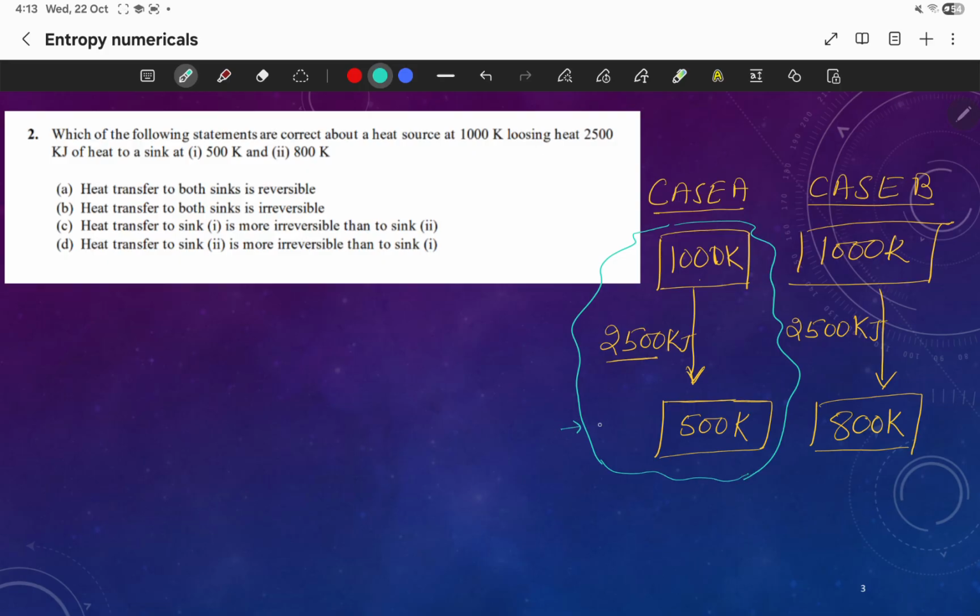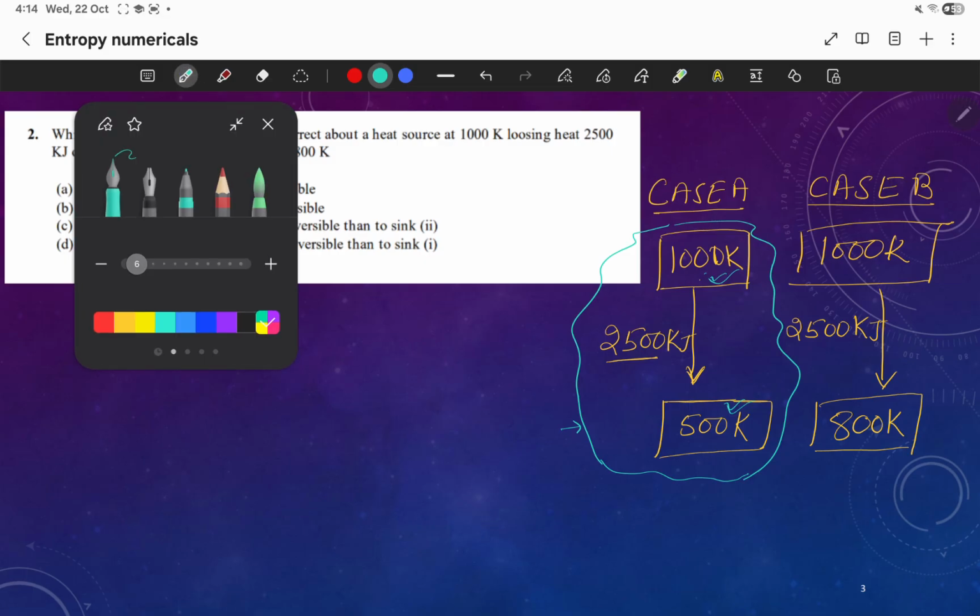If I take this as a universe, so this will be our system and this will be our surrounding, this will be our system and this will be our surrounding. Okay, so now let's write for case A.